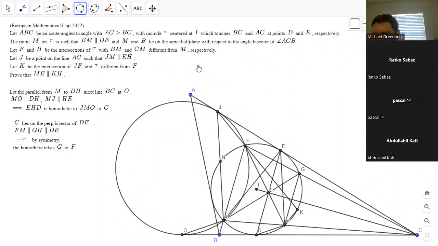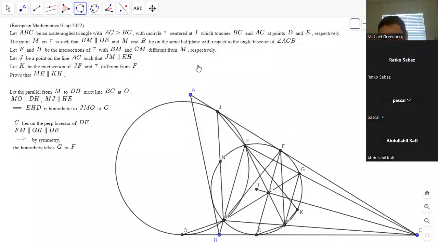Angle MJC equals angle HEC. I think I've got this. Hold on. HEC, which is HME. Okay, so HEC is HME. So that's kind of how you're doing it. So we're showing KEM equals HME, right? All right.